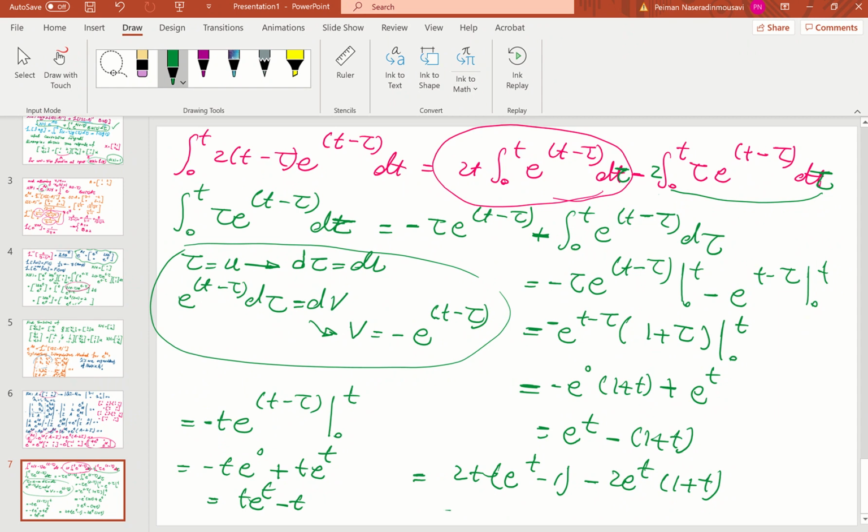So the result is 2t e^t minus 2 e^t, and this is minus 2t, and minus 2t, minus 4t, and the result is this, guys. So the result is e^t times (2t plus 1) minus 4t, if I don't make a mistake.